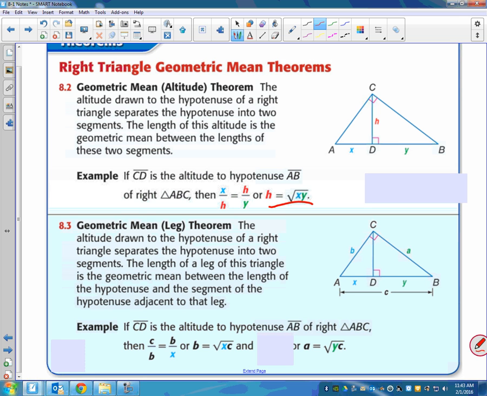And again, that's just geometric mean there. And you can also set up the same thing to solve for A, that C over A is going to be equal to A over Y. And again, if you drew out those three separate triangles like we just did, it's just matching up proportional parts like we did last chapter. It just seems a little crazier with all those letters here.